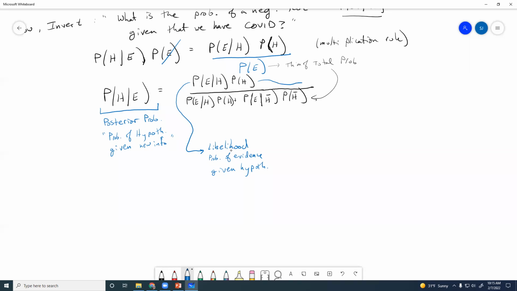What's the likelihood that we would have this negative test given that we have COVID? This term right here is called our prior probability, or the probability of our hypothesis.